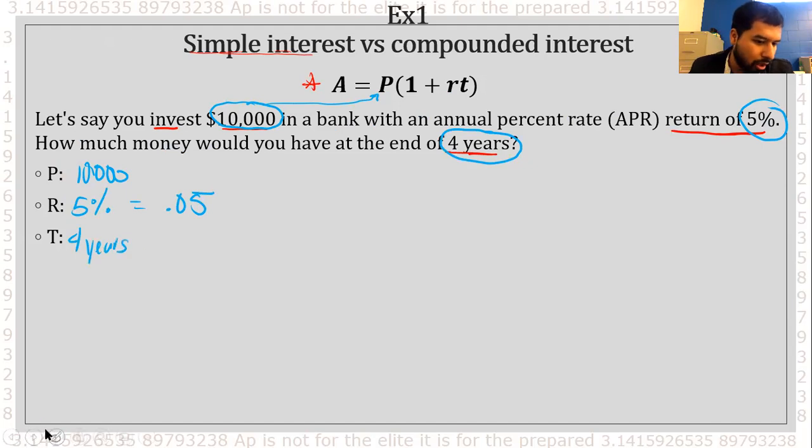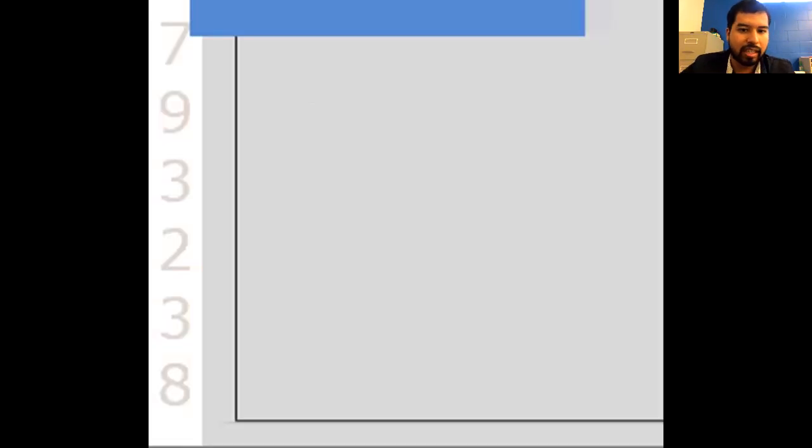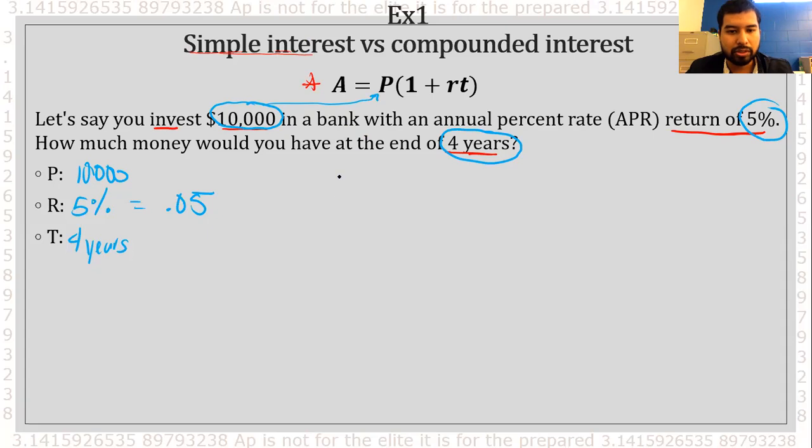So all I have to do now, guys, is substitute. My A will be the number that I'm looking for because I want to know what happens with this money after the years and the interest. So it's going to be $10,000 times 1 plus my rate, which is 0.05, times my T, which is 4.